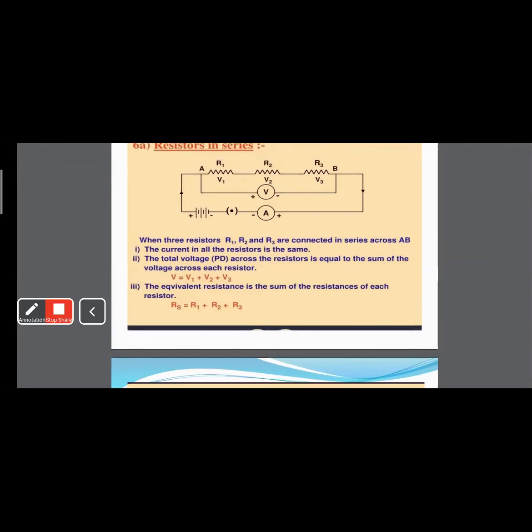Now, the voltage across any resistor is directly proportional to the resistance of that resistor. And the next point is the total resistance in the circuit. Total resistance, as we have derived, Rs equal to R1 plus R2 plus R3.